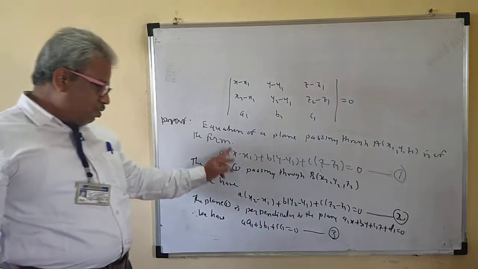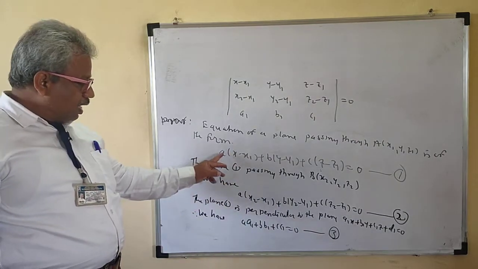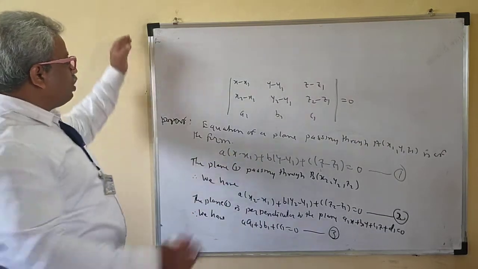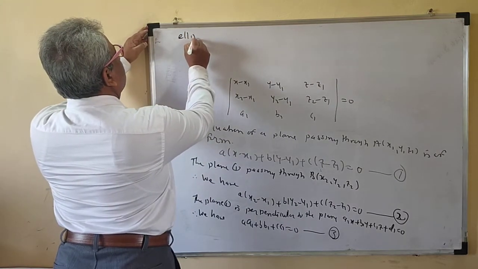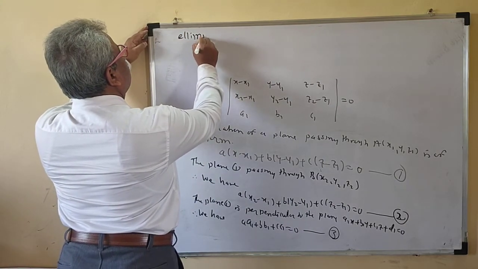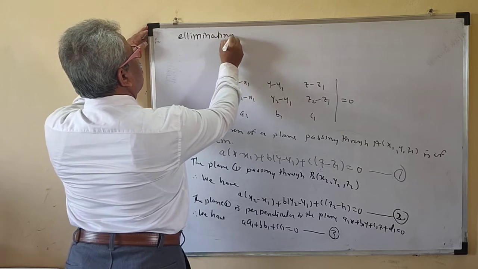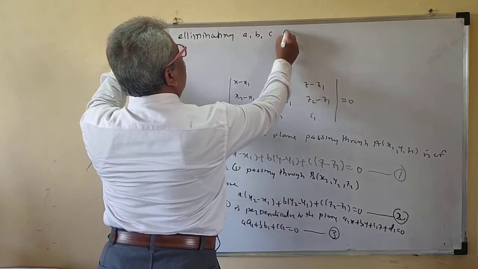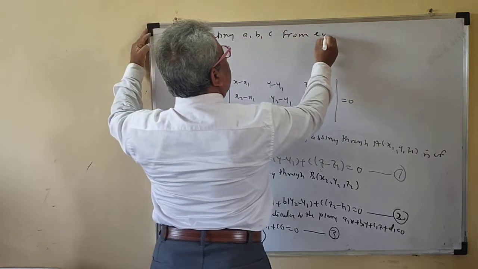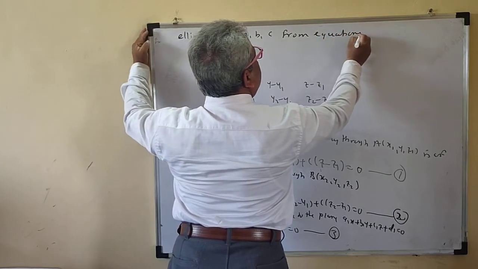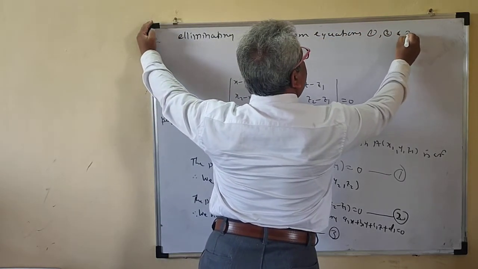So what we'll do now? We have three equations and three unknowns A, B, C. So we eliminate A, B, C from equations 1, 2 and 3.